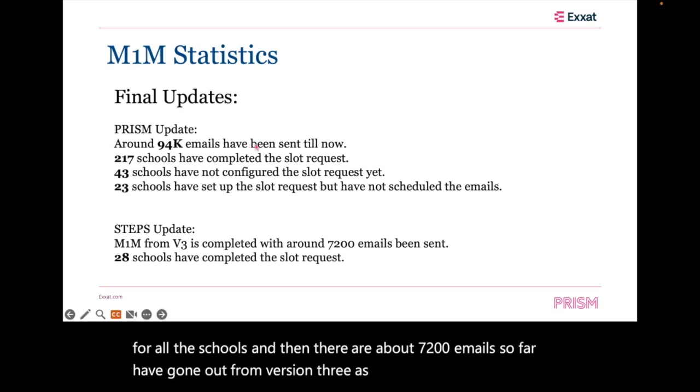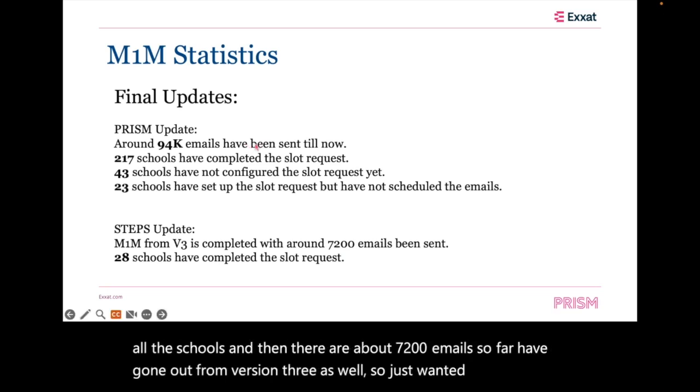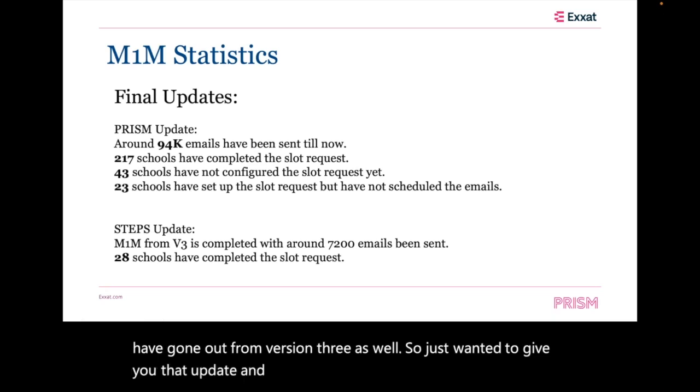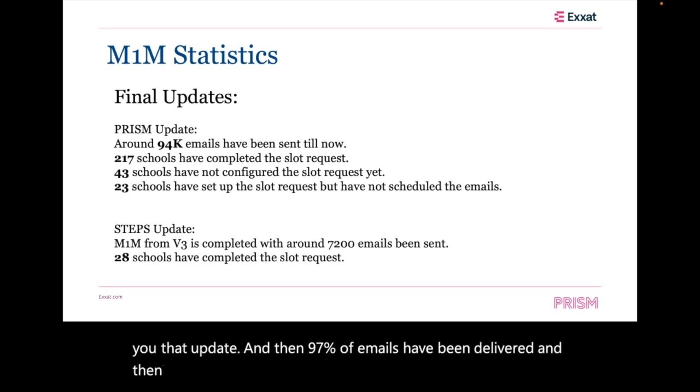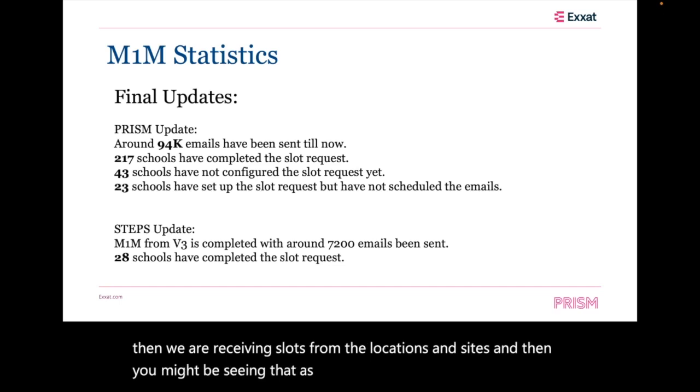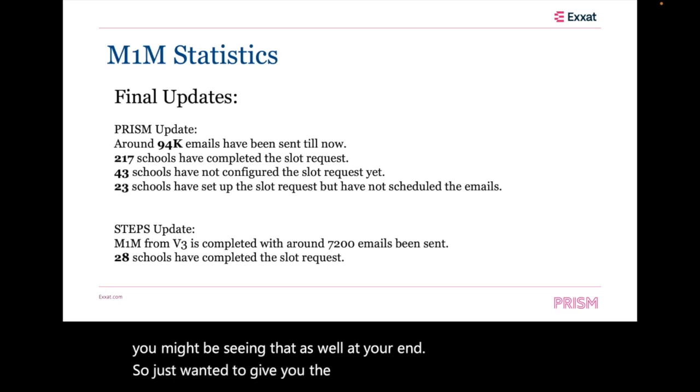So just wanted to give you that update. And 97% of emails have been delivered, and we are receiving slots from the locations and sites, and you might be seeing that as well at your end. So just wanted to give you the statistics before we move on to the agenda for today.